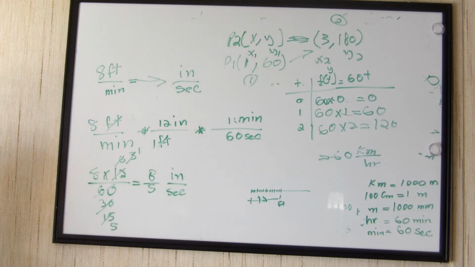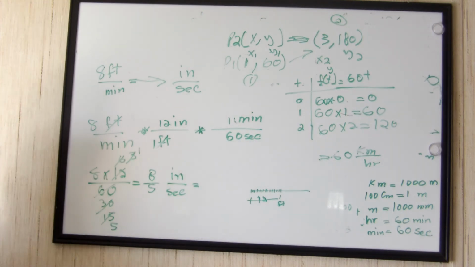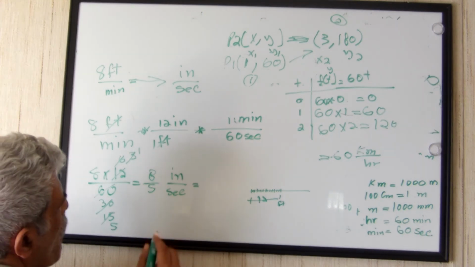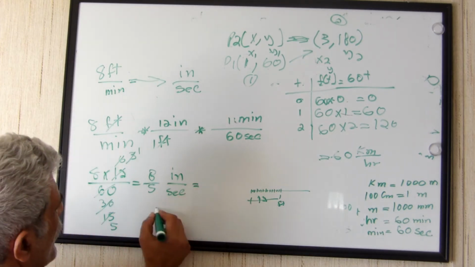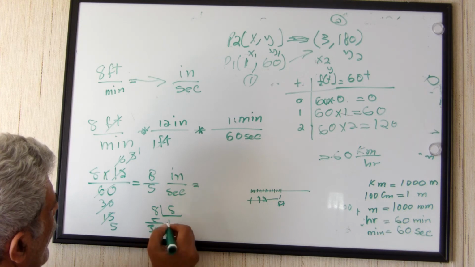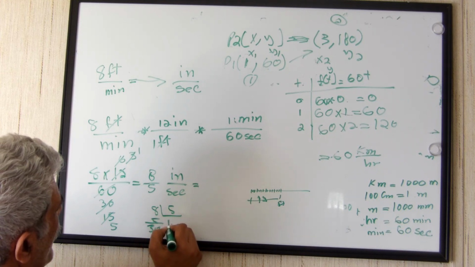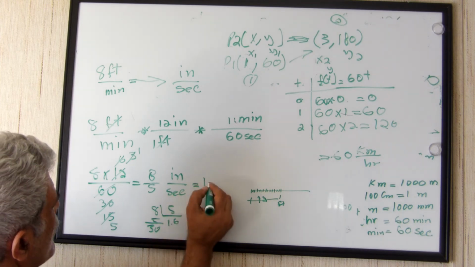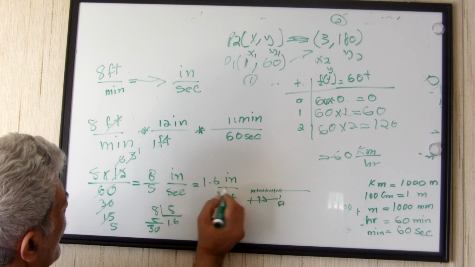Okay? Or if you want to divide this, you can write it in decimal way, 1.6 inches per second.